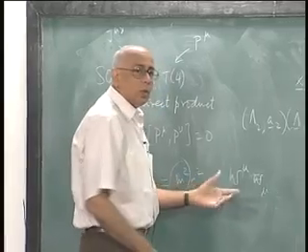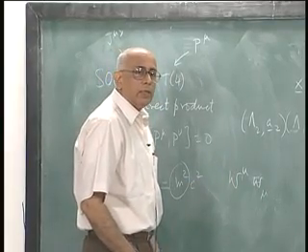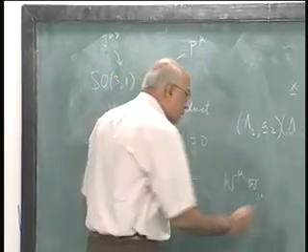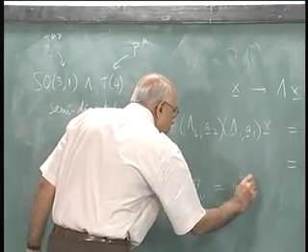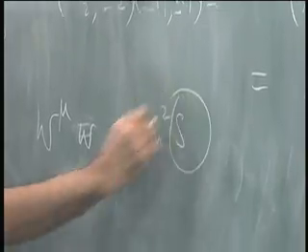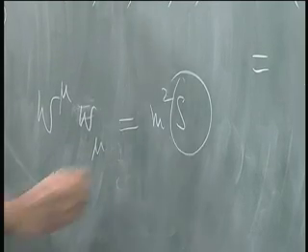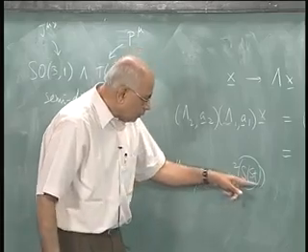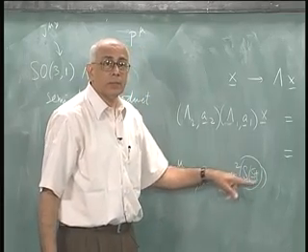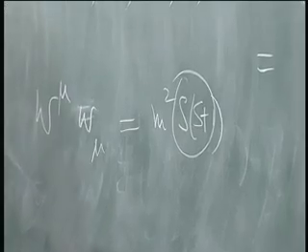This quantity is also an invariant, and the value in the rest frame of this particle turns out to be proportional to m squared times, it in fact becomes s into s plus 1 or something like that. So it involves another eigenvalue, and this is what is called the spin of the particle.